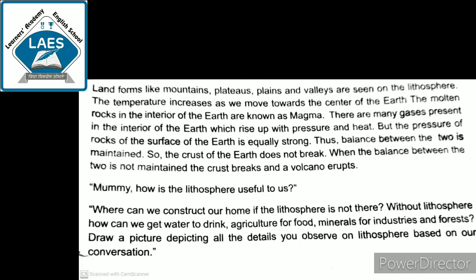Thus, the balance between the two is maintained. The crust of the earth does not break as long as the balance is maintained. Otherwise, the crust breaks and a volcano erupts. जब क्रस्ट का बैलेंस मेंटेन नहीं होता है तो वोल्केनो आ जाता है.